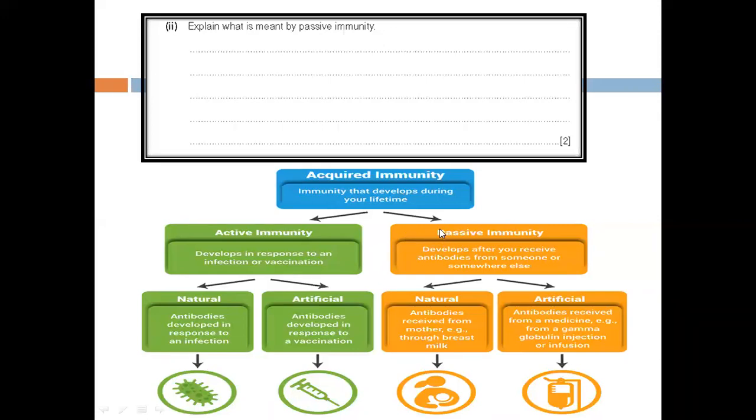Now, passive immunity develops after you receive antibodies from someone or somewhere else, ready-made antibodies.